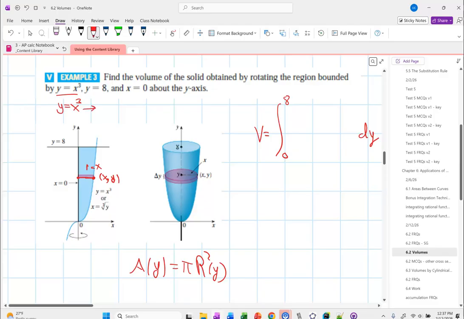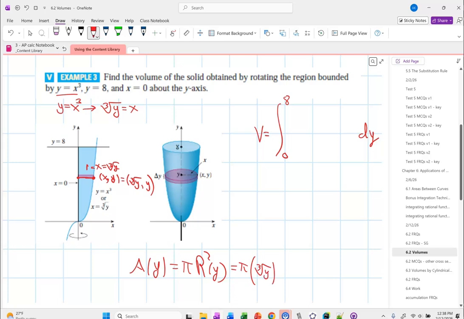I could take the cube root of both sides. And think about this as then the cube root of y, comma y. Which means that my radius is the cube root of y. So my area function would be pi times y to the 2/3.